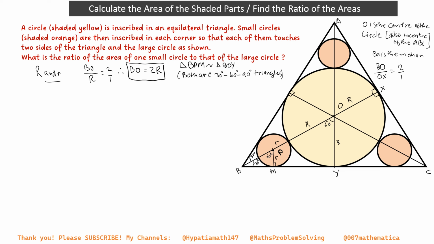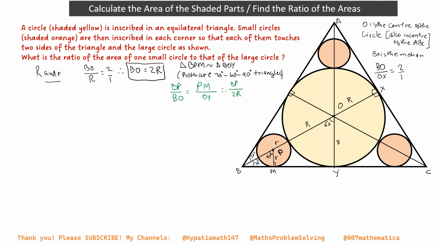So we can write BP out of BO. The sides are similar. BP out of BO is equal to PM out of OY. So we can say BP, we don't yet know what that is, out of BO, we know is twice of R, excuse me, my voice is not great at all.